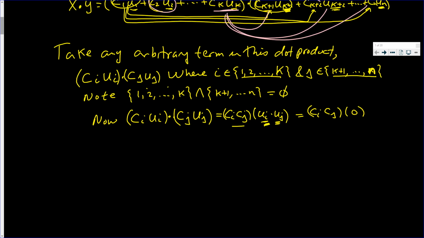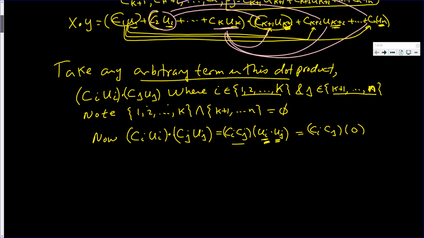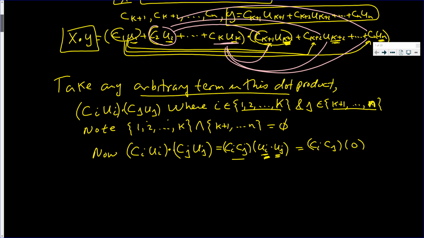Okay, so what we have is an arbitrary term in this dot product. For example, C2U2 dotted with C_{k+1}U_{k+1} is 0. So each term in x dot y is equal to 0.